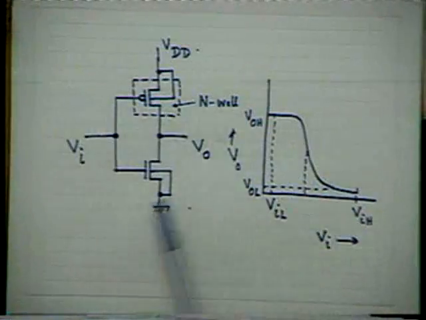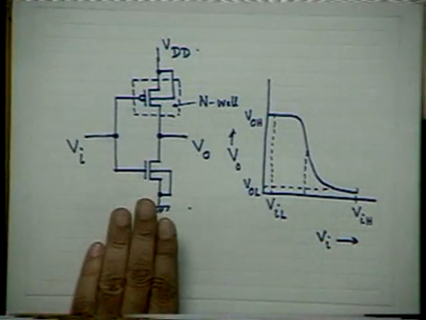Integrated injection logic also consumes very little power, comparable to CMOS. But in that case, it is not dependent on the frequency of the clock. So CMOS is good, but this is the main drawback of CMOS, that if you go to very high speed clock, then there is a little problem, because after all, it has to pass through the linear regions, the active regions. Now, what about the packing density, etc.?